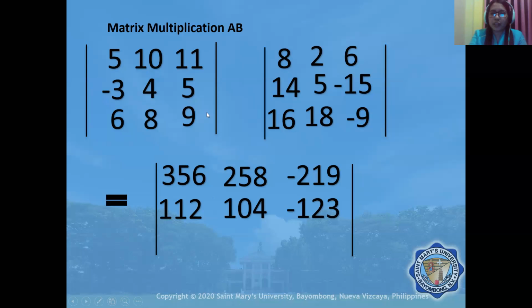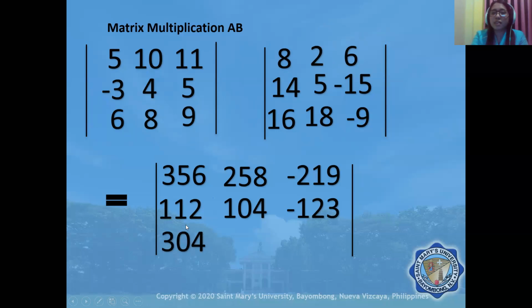Next, we are now in the third row, and this third row will again be multiplied to each of the columns here. So 6 times 8 plus 8 times 14 plus 9 times 16.